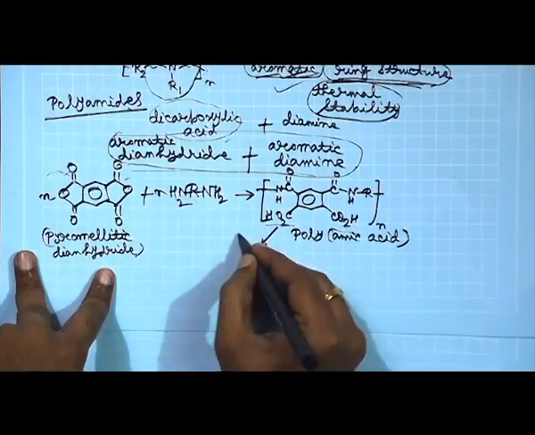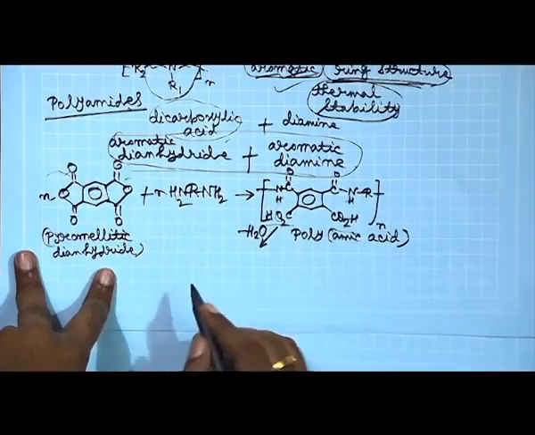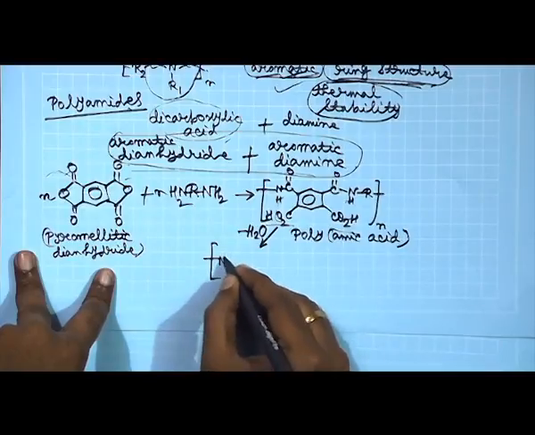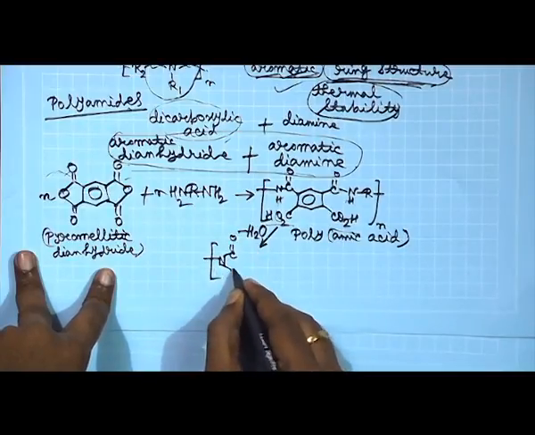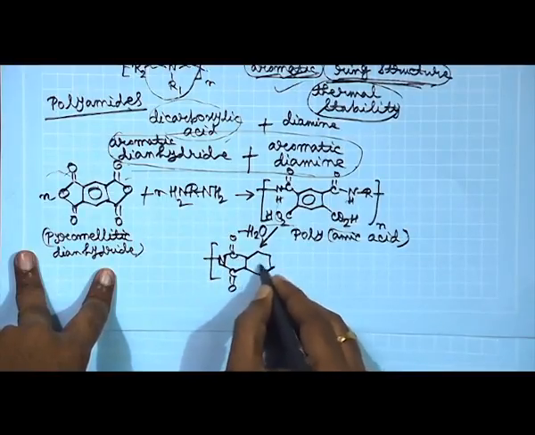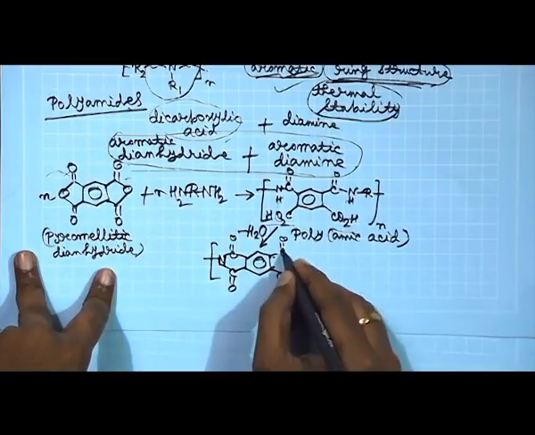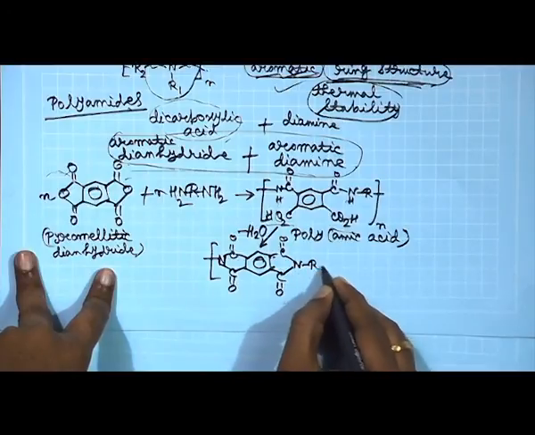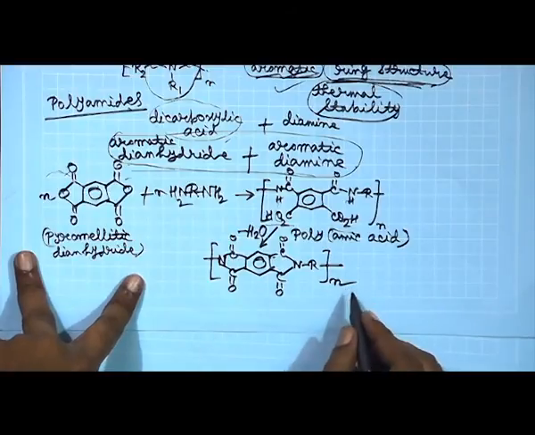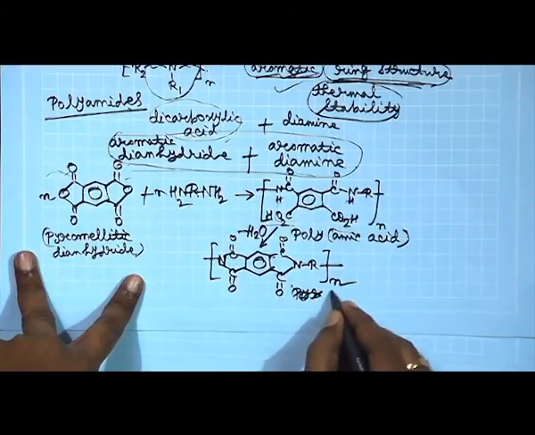Then you can heat it up, and that will induce a cyclization on both sides, and you will get the final product, which is your imide. So, this is nitrogen. This is your polyimide.